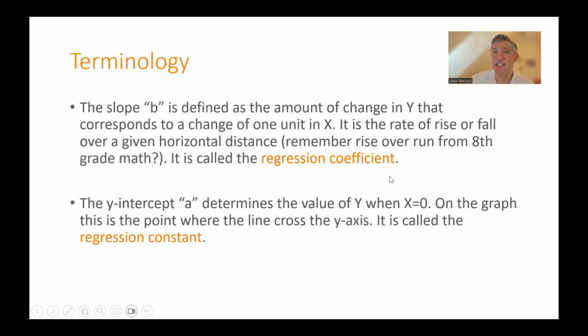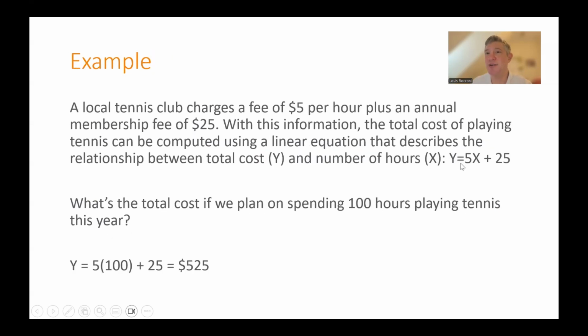So the total cost y here is equal to 5 times the number of hours we played plus the membership fee, which is our constant, right? You have to pay that every time. So what's the cost if we spent 100 hours playing tennis? It'd be $525.